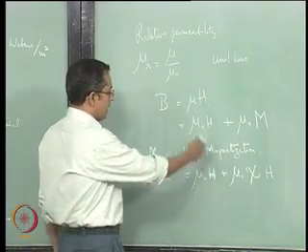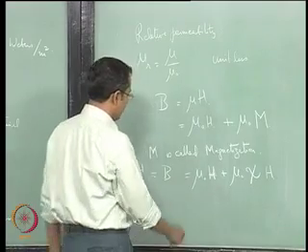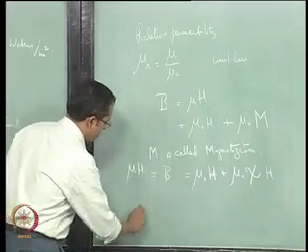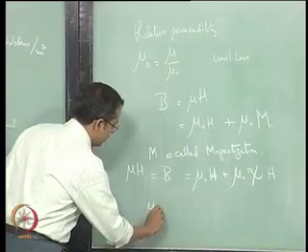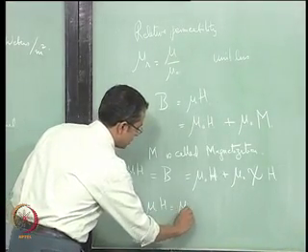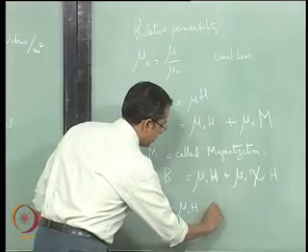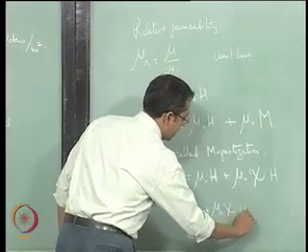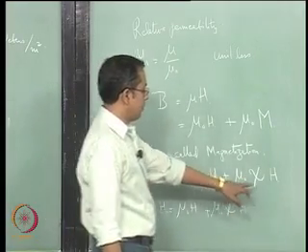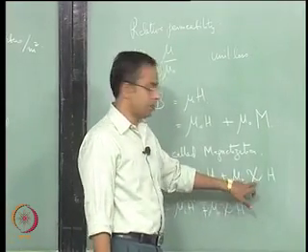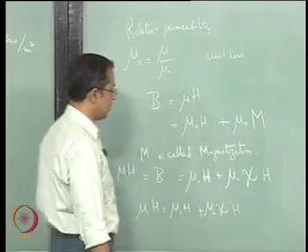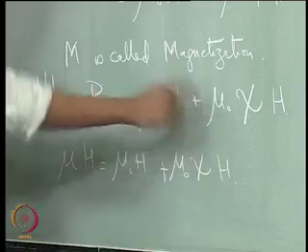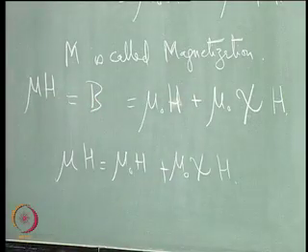Given these equations, we can rearrange a little bit. H is common here, so mu H equals mu naught H plus mu naught chi times H. This chi is called magnetic susceptibility. Mu naught is the permeability of vacuum, and mu is just the permeability.